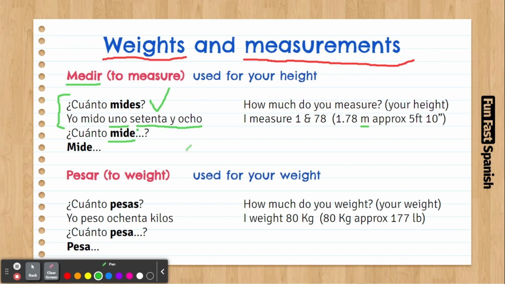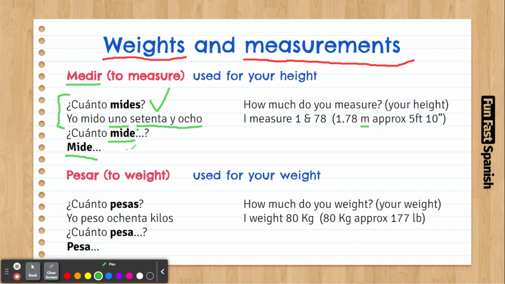¿Cuánto mide la puerta? Let's say the door, and we want to know the measurement of the door. Let's talk about the height. So, ¿cuánto mide la puerta? And you can say la puerta mide 2 metros 20 centímetros. So, mide will be like the answer.